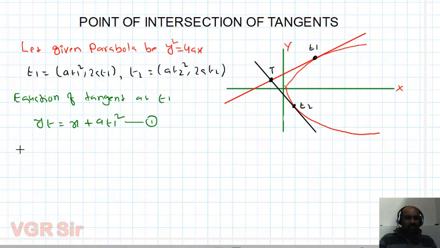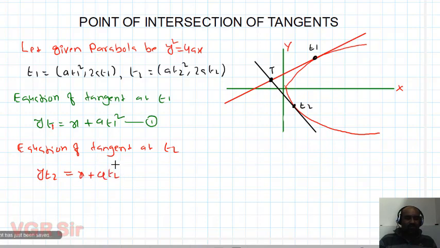Next, equation of tangent at T2. Sorry, here I should write T1 for the first. That is yT2 equal to x plus aT2 square. So this is number 2.